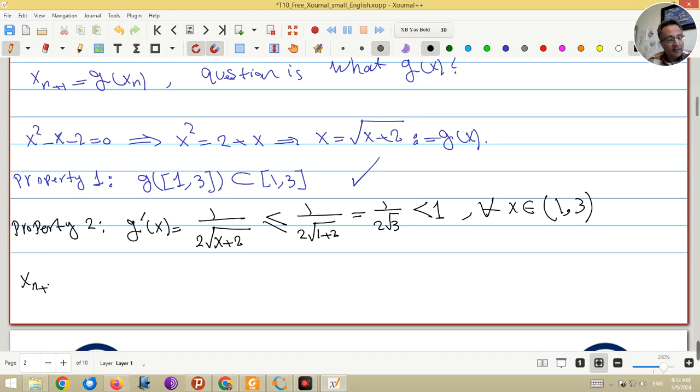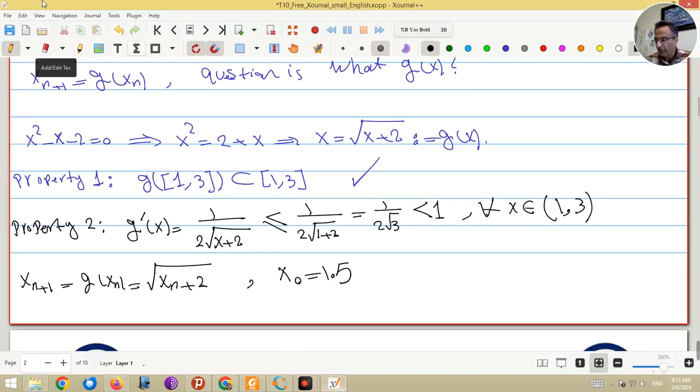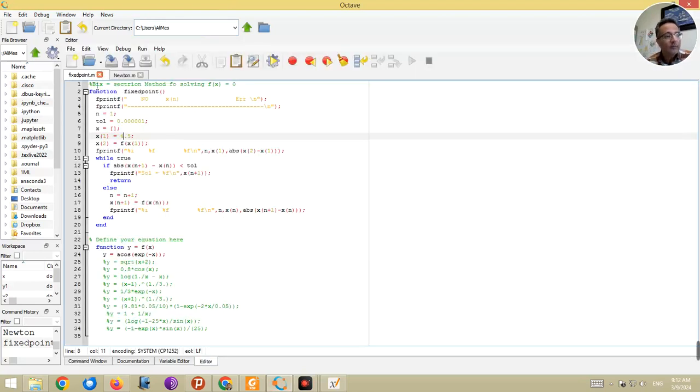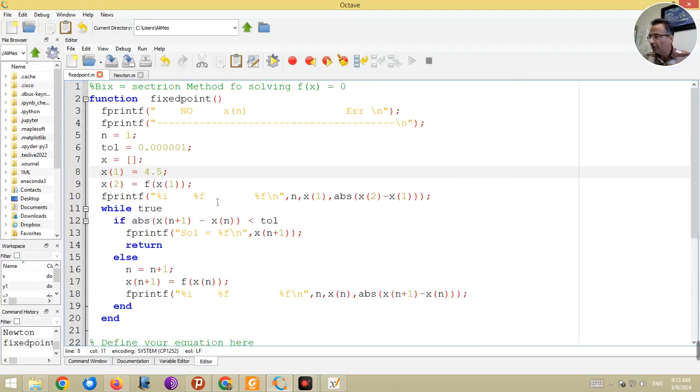So we can define x n plus 1 equal to g of x n equal to square root of x n plus 2. And if we start by, for example, x0 equal to 1.5, we can find the root by fixed point method. Let me show you in the MATLAB code. I showed you before, this is the code of fixed point method.